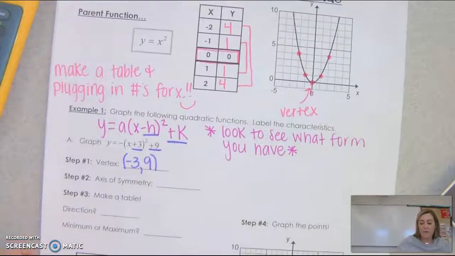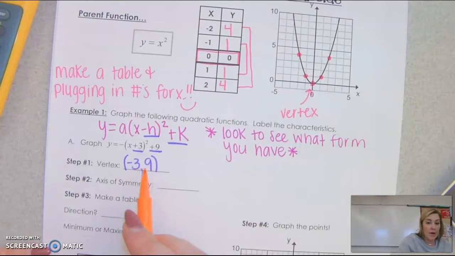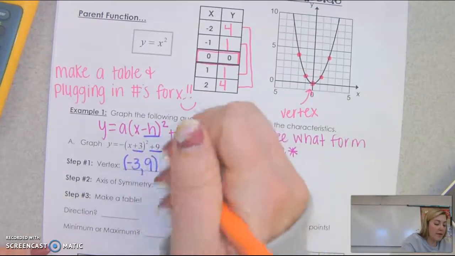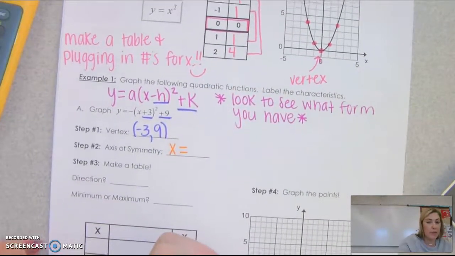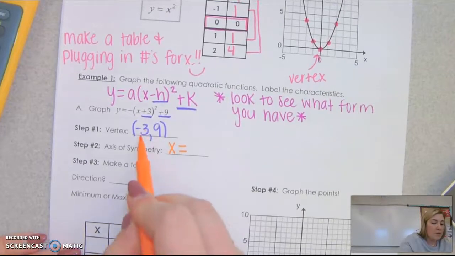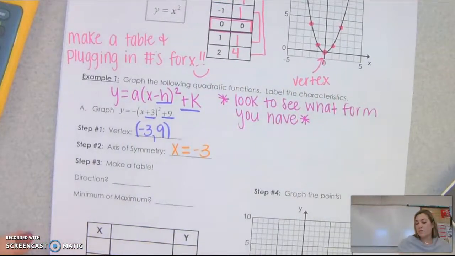So my vertex is -3, 9. My axis of symmetry is always the x value of my vertex. When I write axis of symmetry, I always have to start with x equals, because it is a line. The x value of my vertex is -3, so my axis of symmetry is x equals -3.